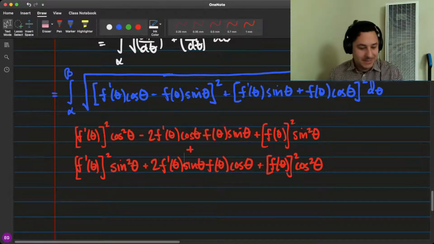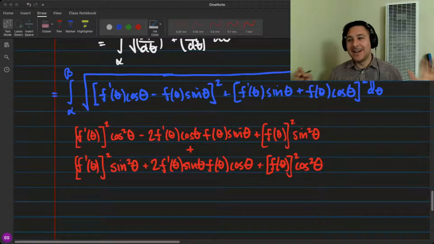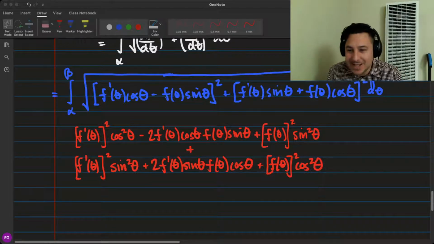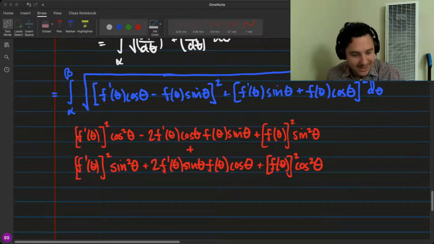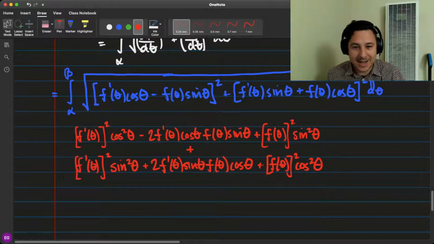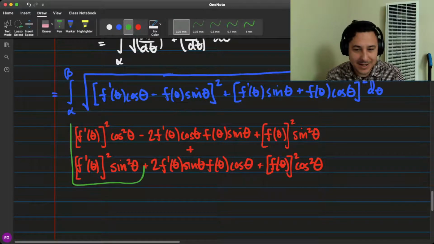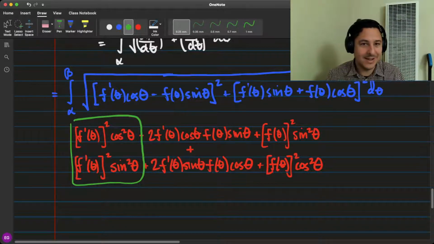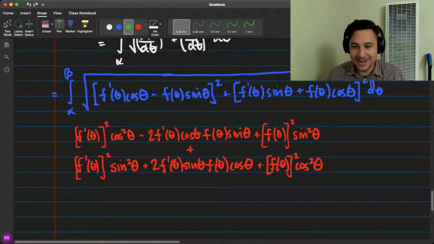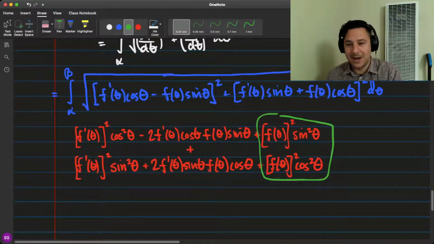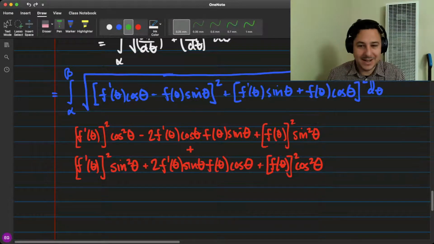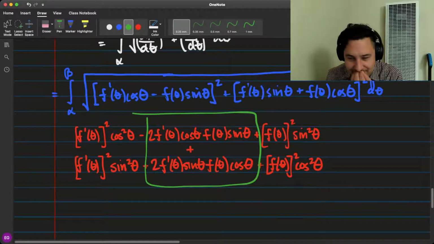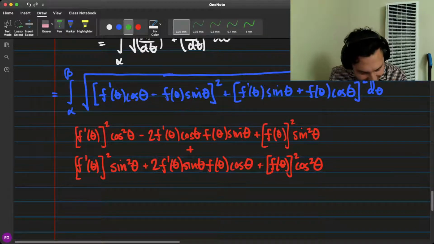Okay, there are some terms that you could gather. What terms can I gather? It's actually pretty cool. I think they're basically lined up, right? Do you see how these two right here, they have an f prime squared that you can factor out? These two over here have an f squared that you can factor out. And then over here, these have an f prime f that you can factor out. Okay, so we're gonna do that.